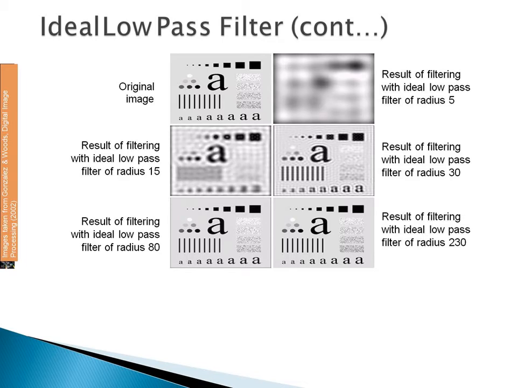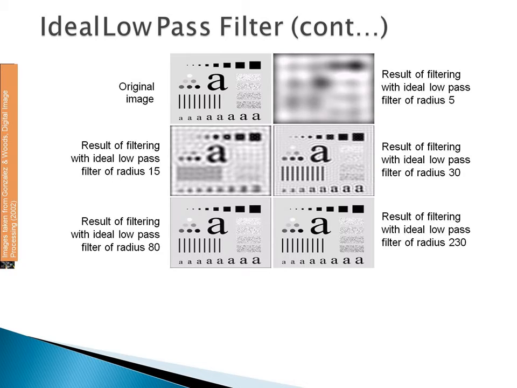But C, D and E are characterized by one property called ringing. That means the texture becomes finer as the high frequency content is removed. When only 2% of the total power is removed, we get a very good image.